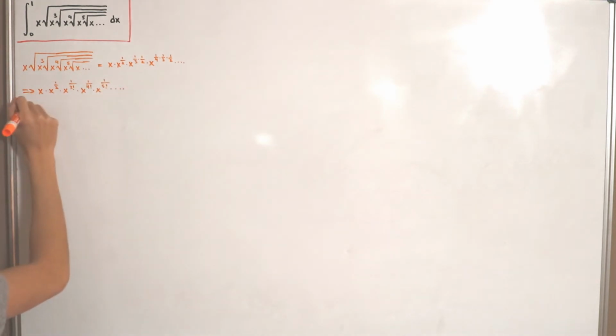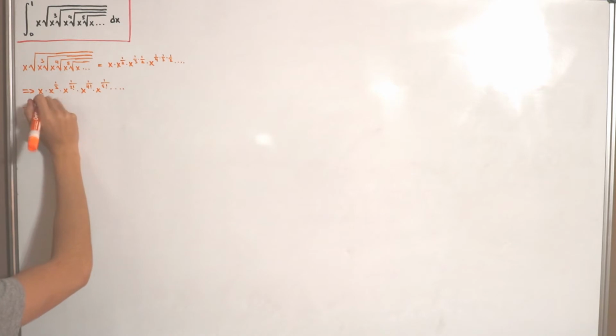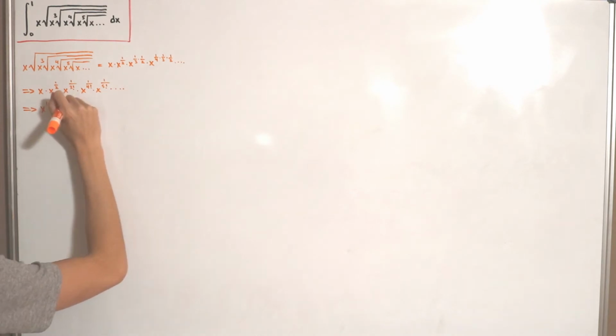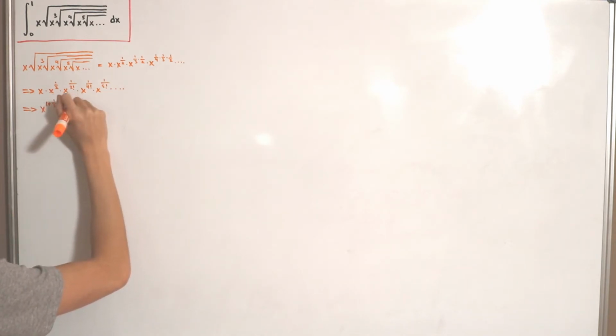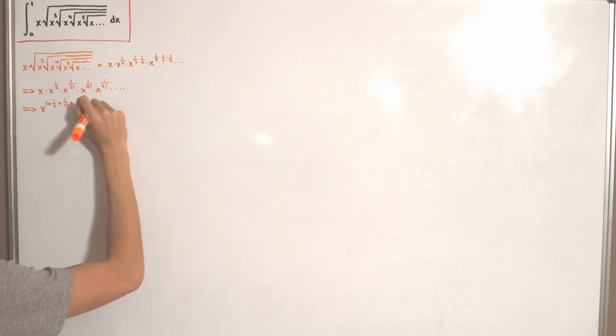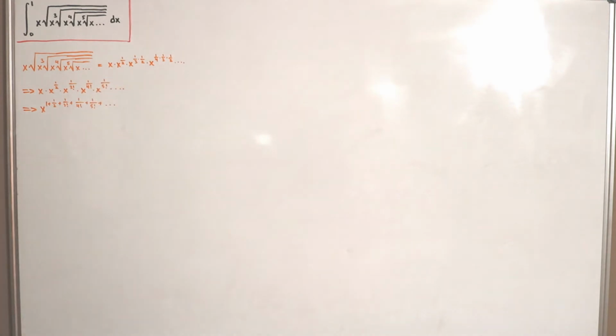Not too bad. Now we can use our rules of exponents, and because they share the same base, we can just add the exponents together. So I have x to the power 1 plus 1/2 plus 1/3 factorial plus 1/4 factorial plus 1/5 factorial, and the sum continues from there.